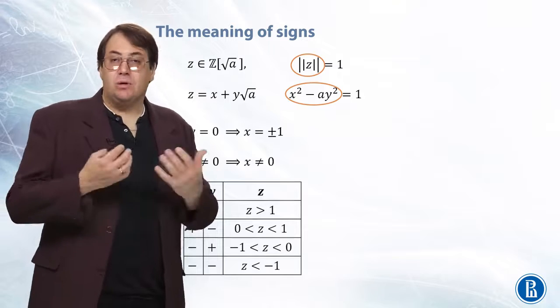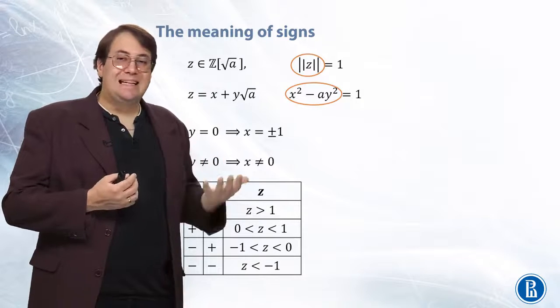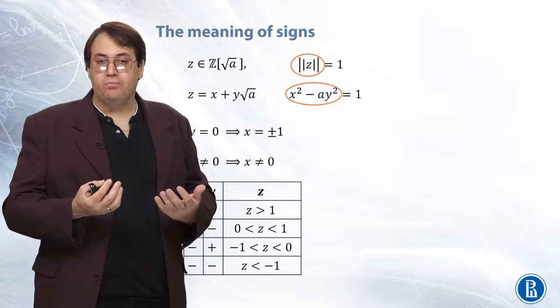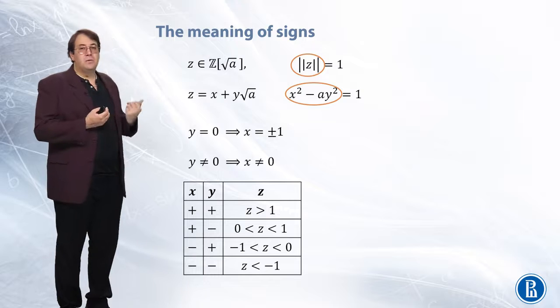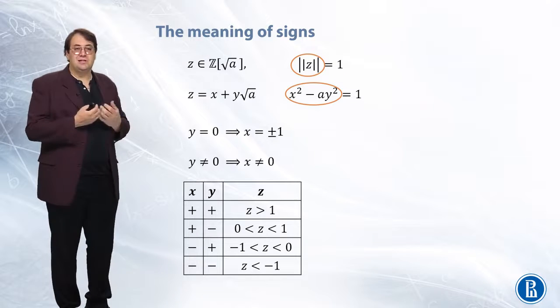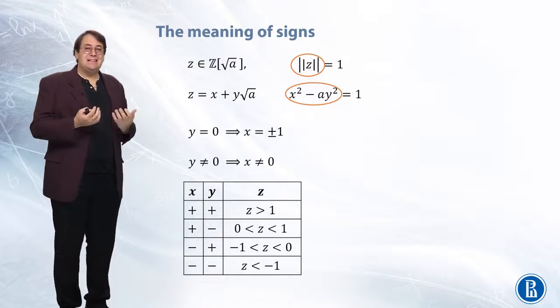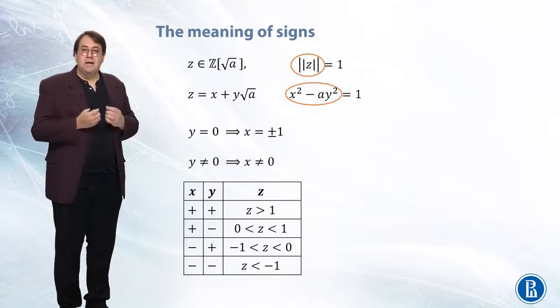The answer to our question, what do these signs impact, is given in the following table. Let's focus our attention on this table. Well, we see that if x and y are both positive, which is denoted by plus plus, we understand that then z is greater than 1, and it's obvious.